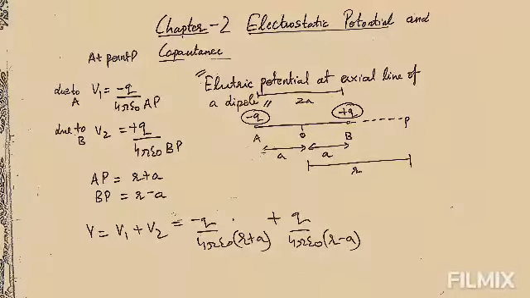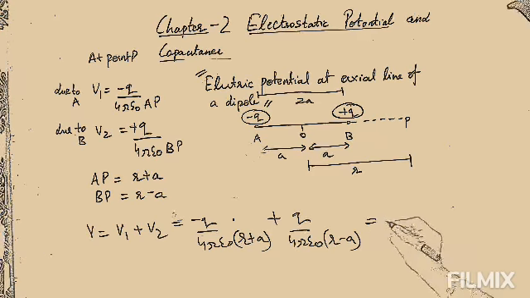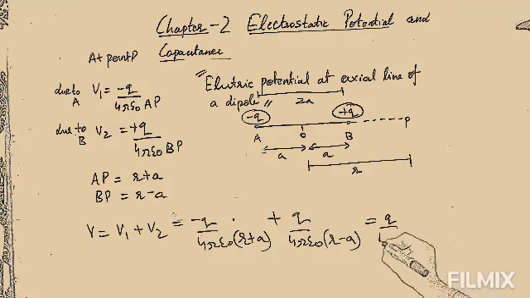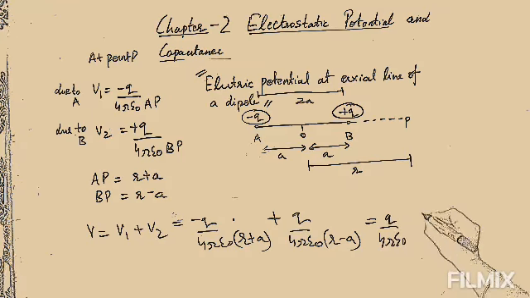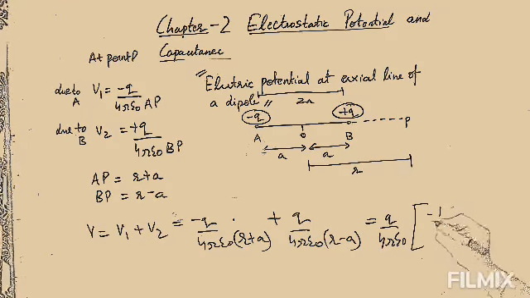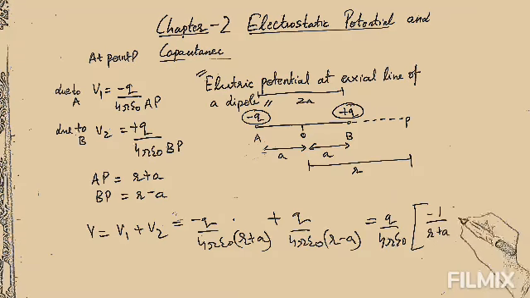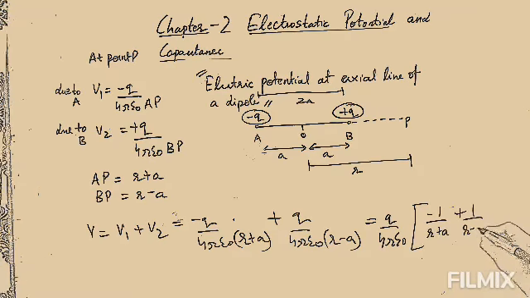Taking out what is common, we will take the LCM of the rest and solve further. Q upon 4 pi epsilon naught can be taken common. Here it will be minus 1 upon r plus a plus 1 upon r minus a.